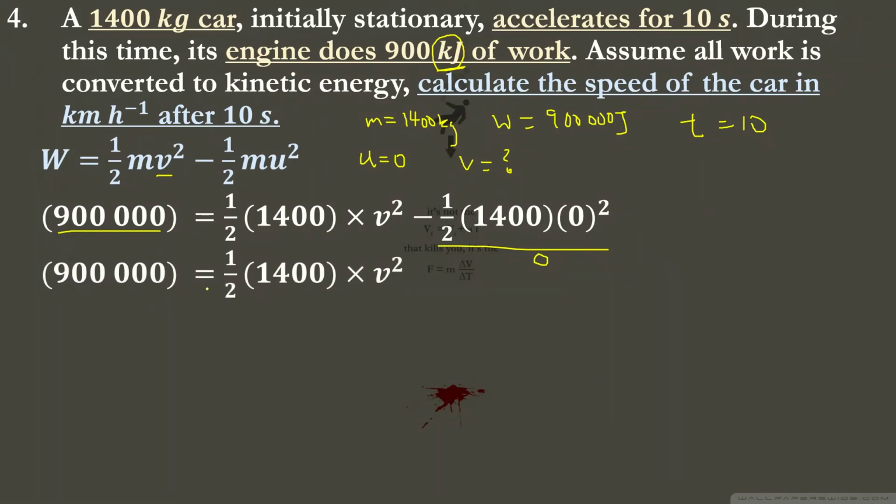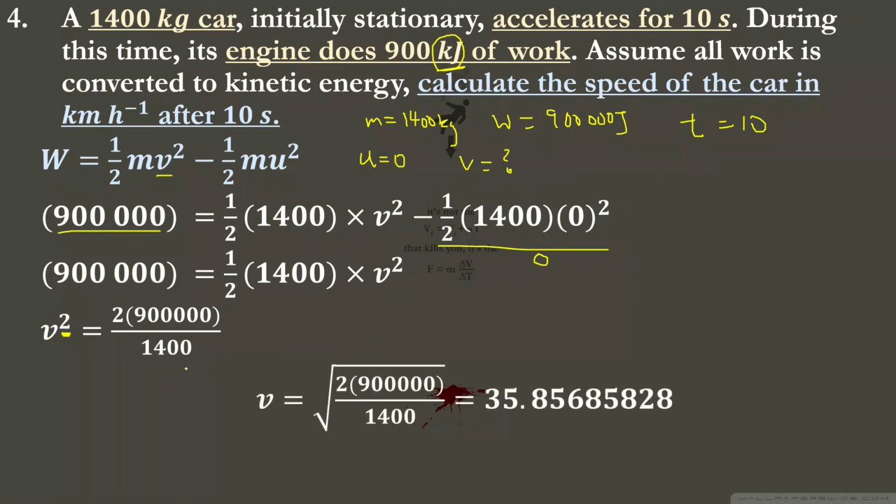What we can do is get rid of the half, so we can times both sides by 2. And we can also divide the 1400 over. And so v squared is equal to this. To get rid of our square, root both sides. And this is our value in meters per second. Okay?